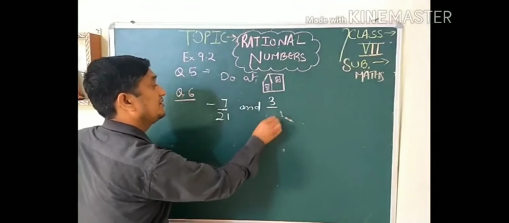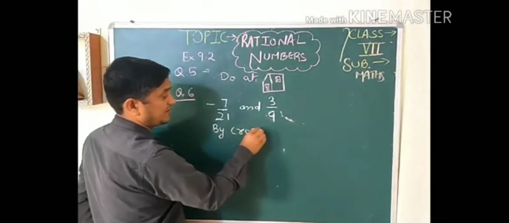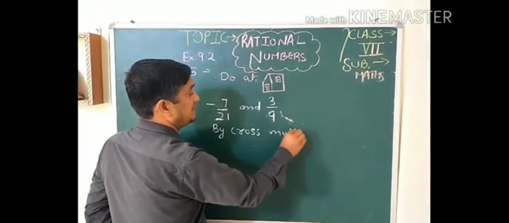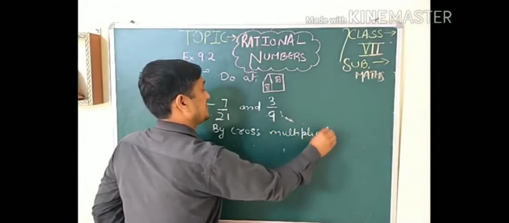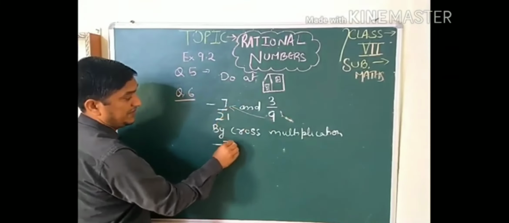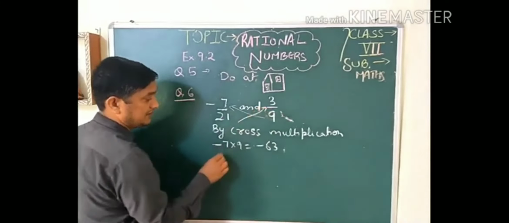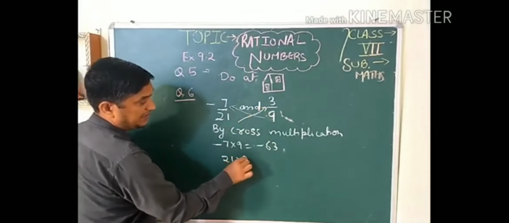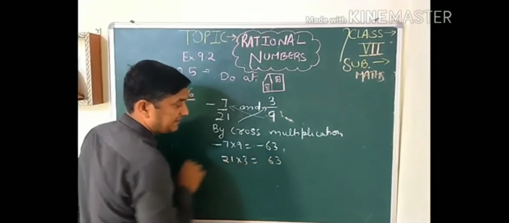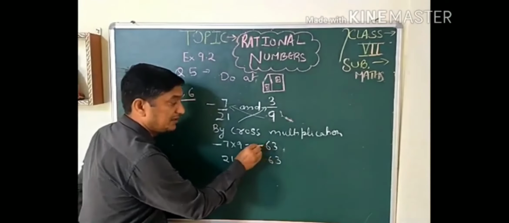By cross multiplication. This is multiplied by this, minus 7 into 9, minus 63. This is multiplied by this, 21 multiplied by 3, this is 63. Now look children, this is 63 and this is also 63, but with the opposite sign.